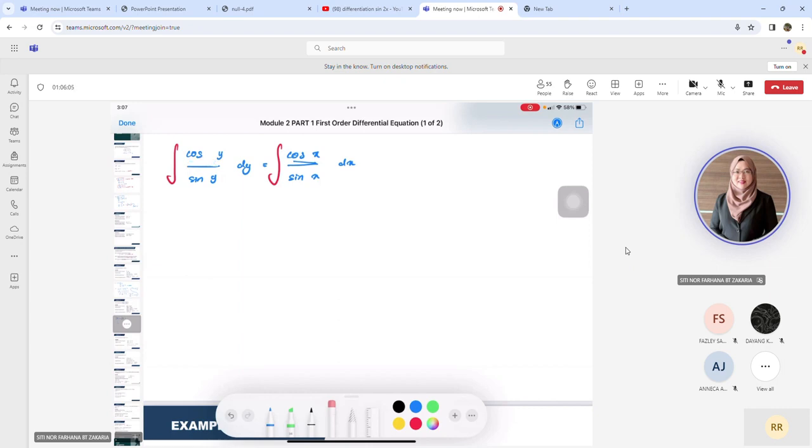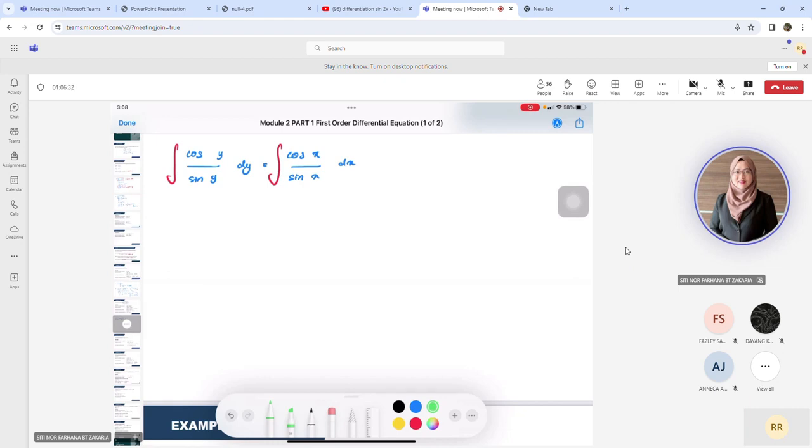The best way is you let or replace sin y with a variable and sin x with another variable. I think everyone knows about this, but you're not sure which method to use. Is it?